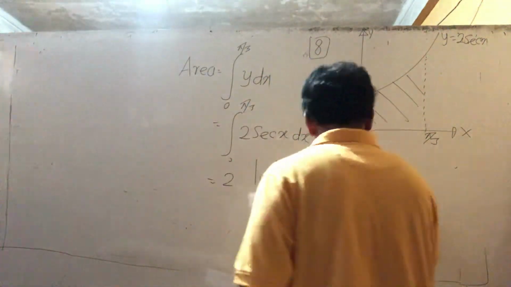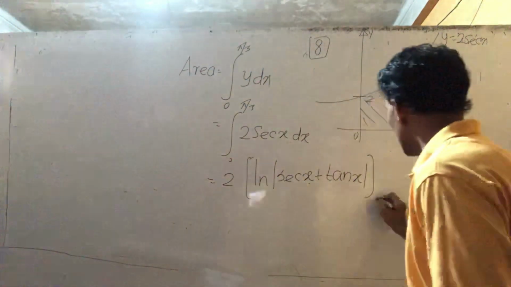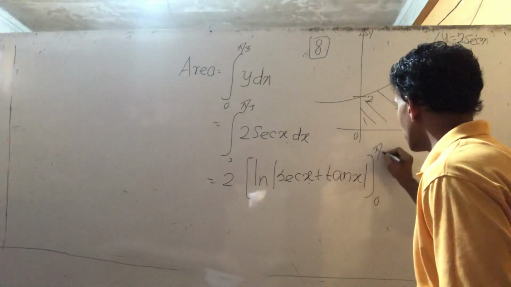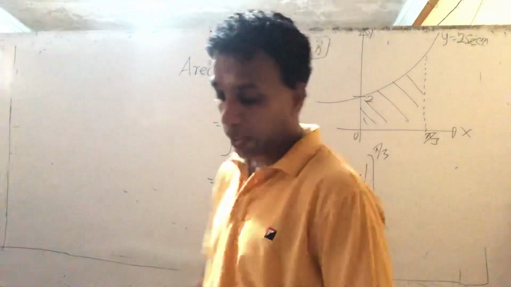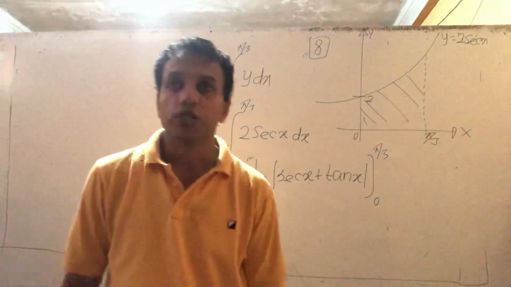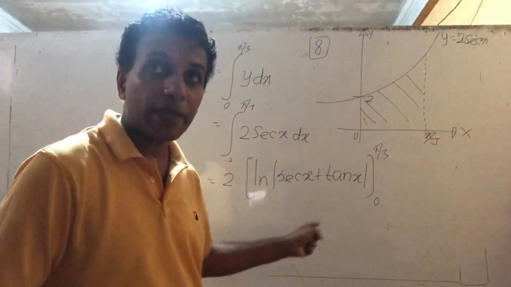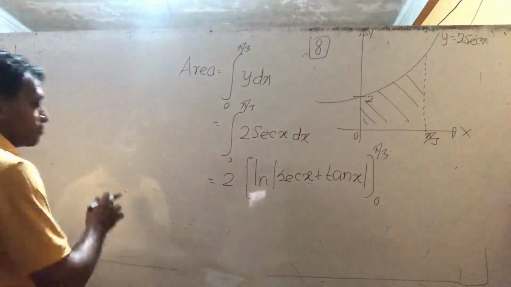And the boundary is 0 to pi by 3. Now simplify: put the upper limit minus the lower limit.